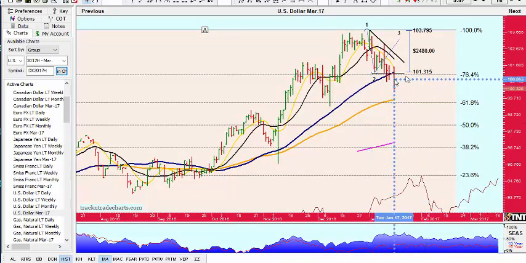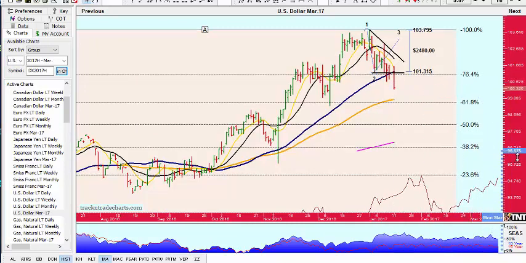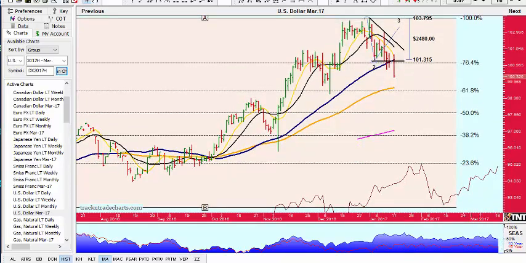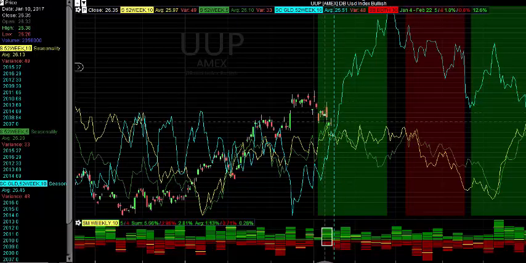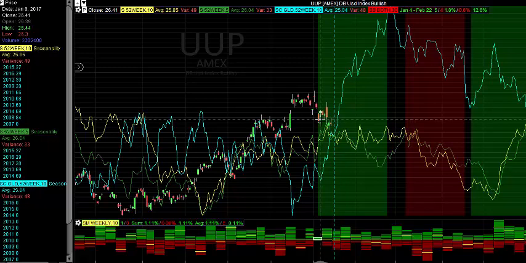Right now, as of this recording, we're trading slightly higher in the dollar at 100.81. So we've made about a halfway retracement to this bar here, right around this area. So I still think this trade has opportunity to the downside. If you look over at this seasonality chart here, you can see that it's not as bullish.